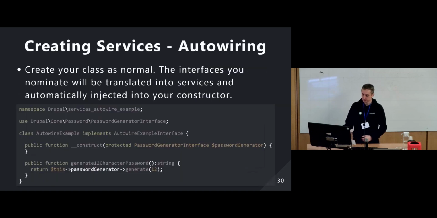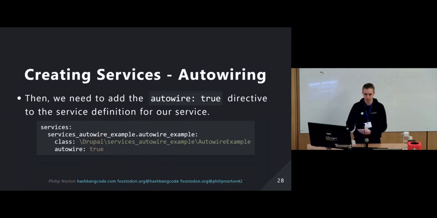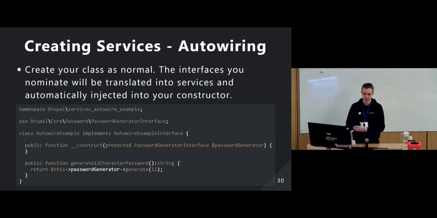All I need to do then is to tell the class that it should accept a password generator interface, and Drupal will see that and swap it in for the actual service that's intended. So putting this means you don't have to write your arguments. Drupal will figure this out on its own and give you the appropriate classes, or objects, I suppose.